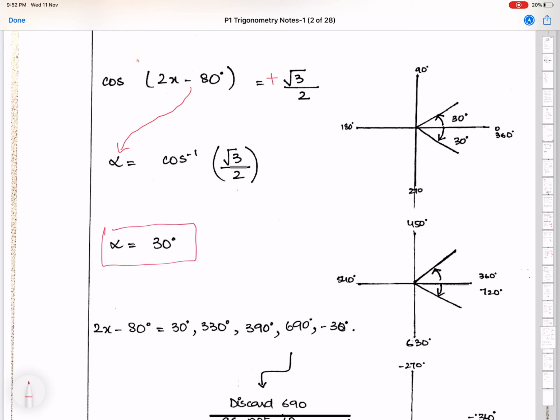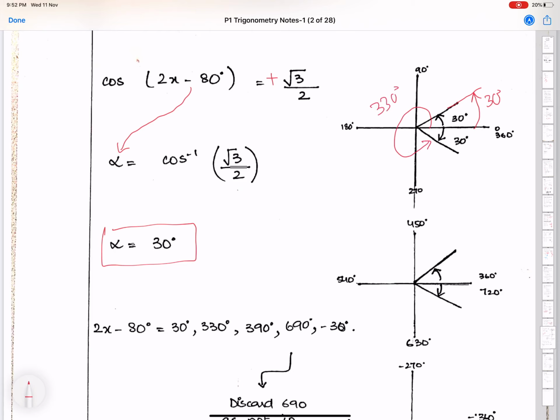Now, since we have to work in both directions, first we will work in anti-clockwise direction. Therefore, this is the first answer, 30, and this is the second answer, 330.